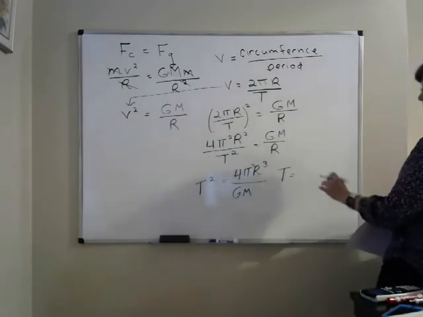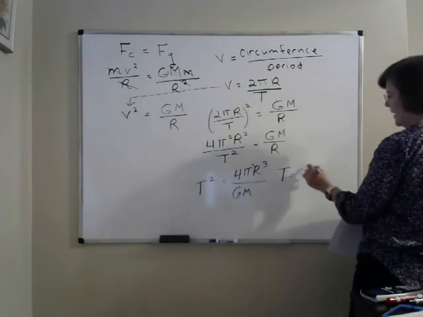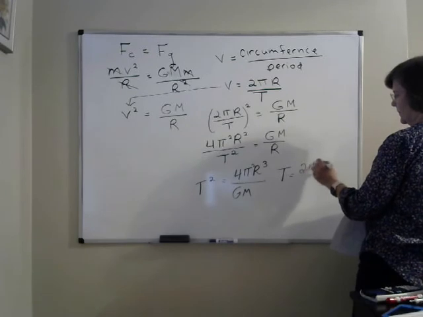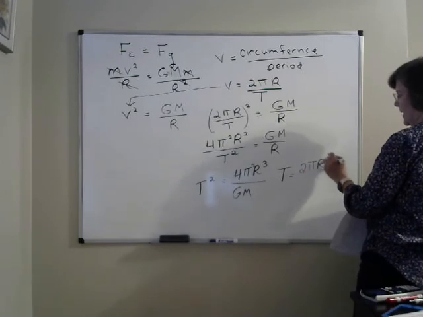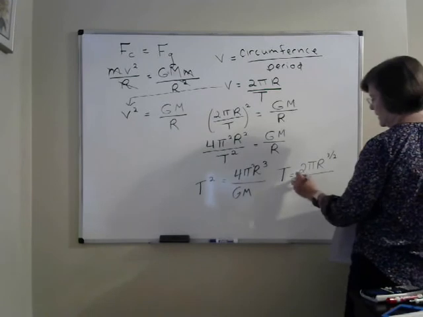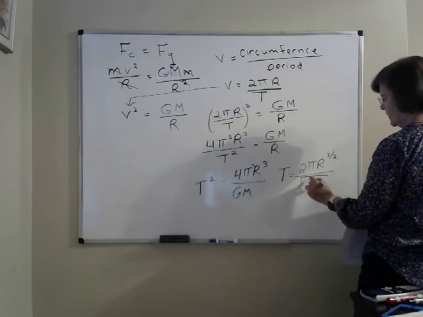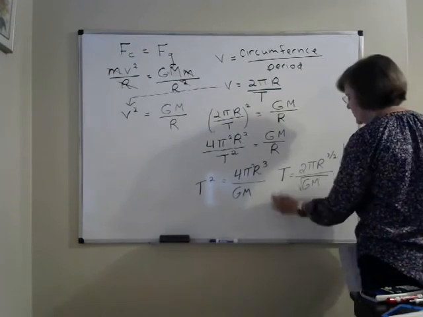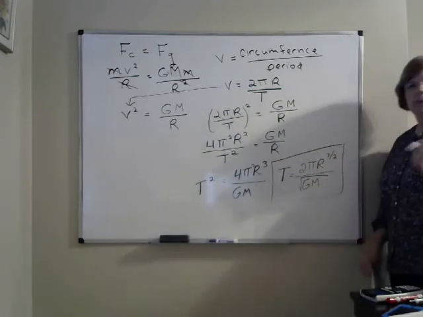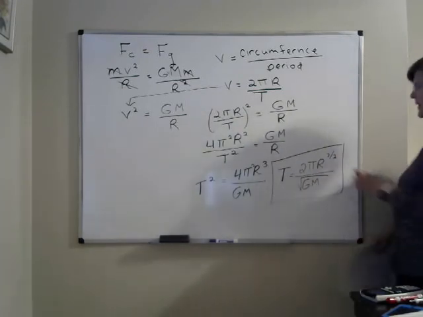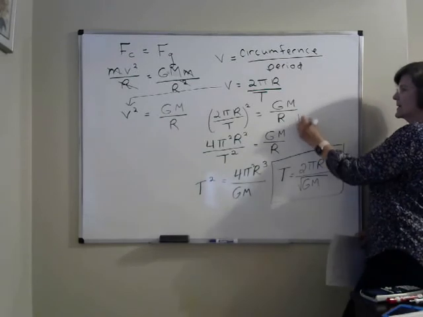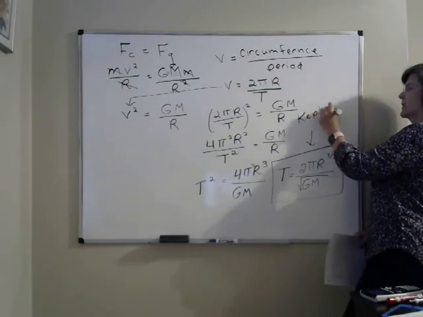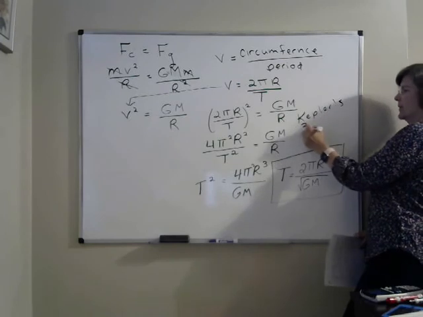If I take the square root, that's going to be 2 pi r to the 3/2 over the square root of GM. And you say, Miss Hughes, why in the world did you go to all that trouble? Really, I just wanted to show you one thing. That is Kepler's third law.